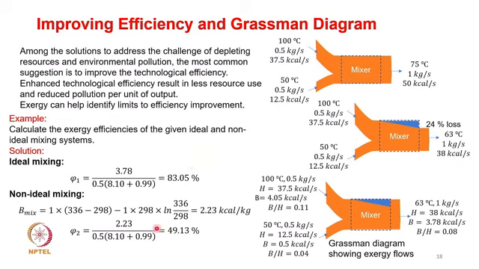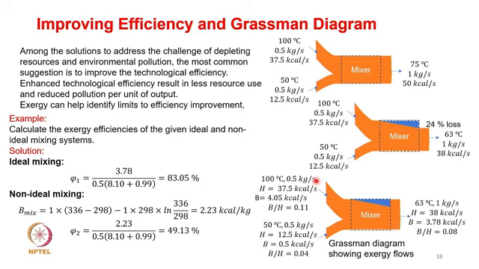But the moment you have non-ideal mixing, you would see that this would be reduced by at least 30%. So, 50 to 80, and we are interested in recovering this fully, so that we shall be able to have a better B by H basically. This is the B by H calculation.